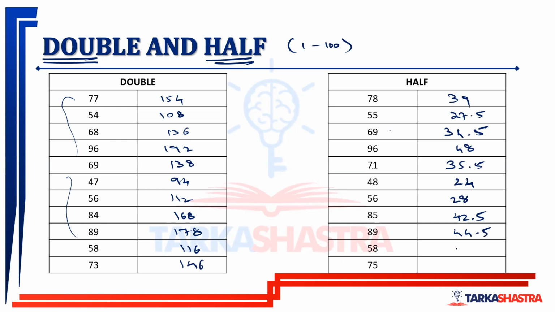And then 58's half is 29, 75's half is 37.5. So these are the doubles and halves.